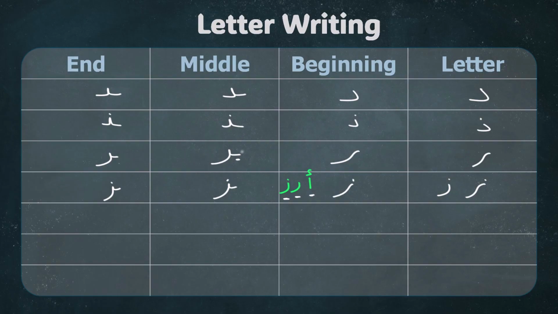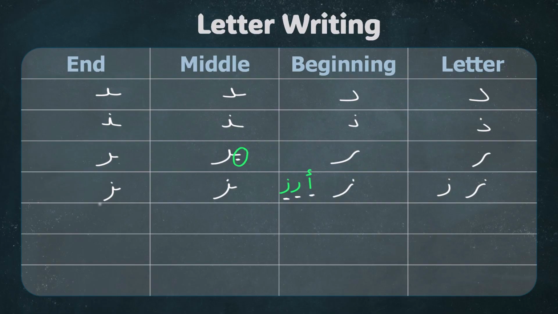Remember, we said that this part is part of the preceding letter to ra. Okay, so if this part doesn't exist in the preceding letter, we will not write it. So let's go back to aruz. We have alif. Alif doesn't have this extension. Alif is written like this in the beginning of the word. So we will not write this extension. This would be wrong.